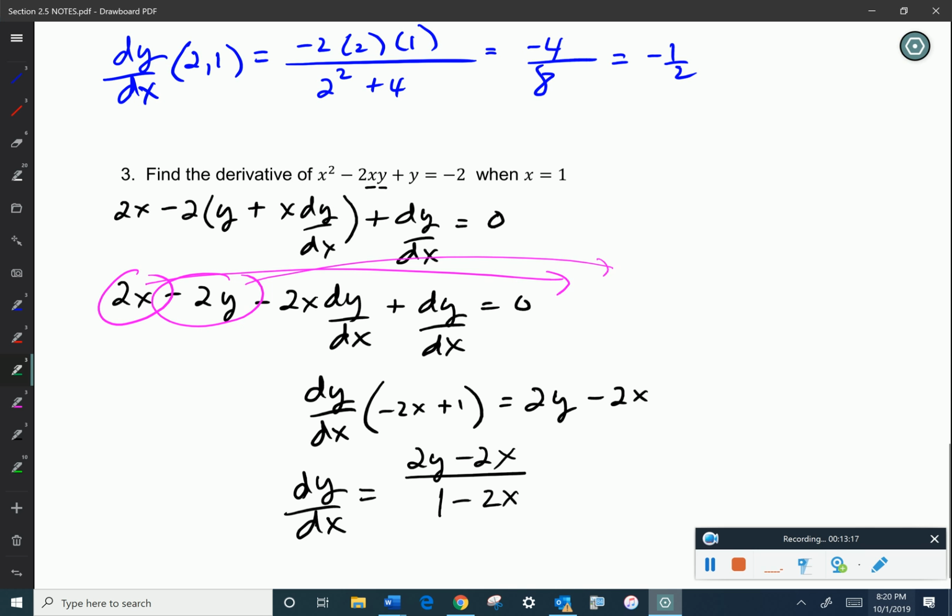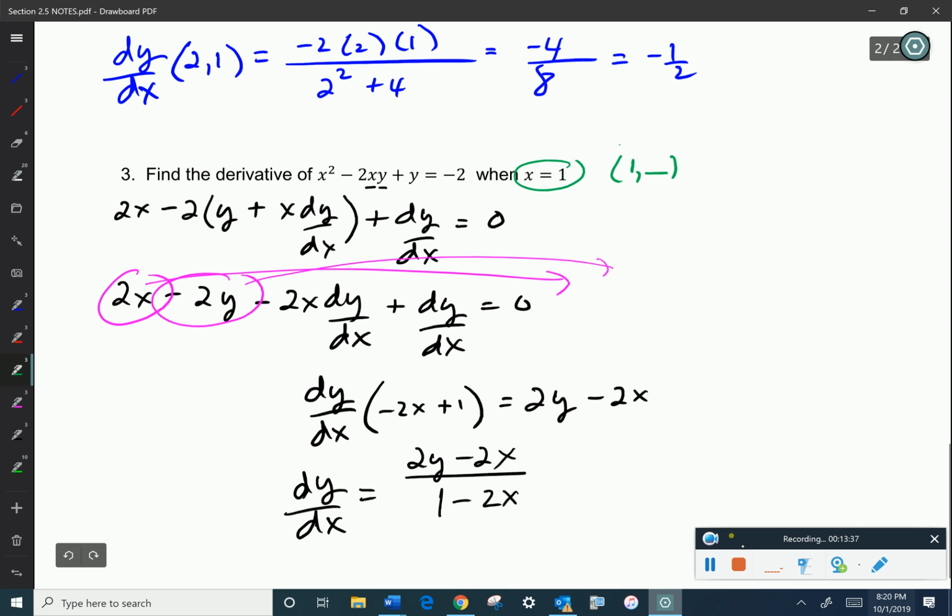And so I want the derivative at x equals 1, but notice my derivative has an x and a y. So how can I find the y value if x equals 1? Well, we've talked about this before. Whenever you want to find the y value, plug that x, that 1, back into the original.